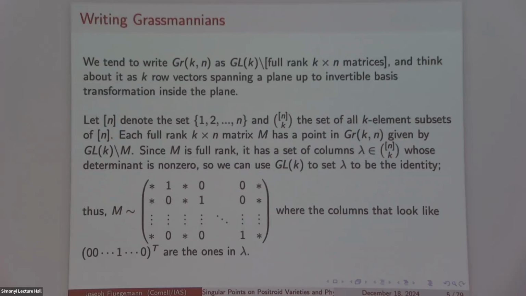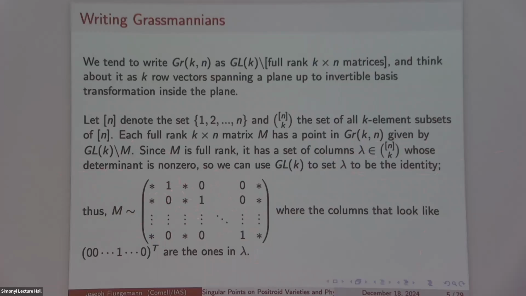I'll be thinking about the Grassmannian in terms of a matrix, where because it's a full rank K by N matrix, you pick a set of K columns to be full rank. That will be important for the notation later, because I'll be denoting that point as lambda, the point where you have the identity in columns lambda, and then you have zeros where the stars are.